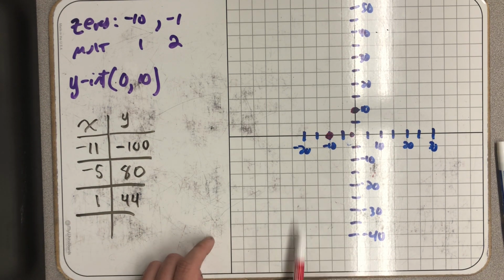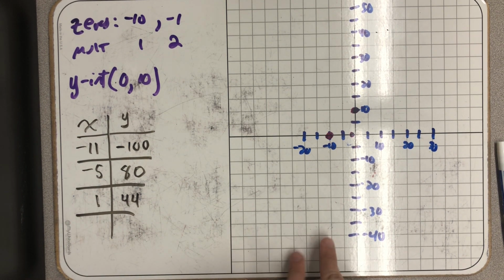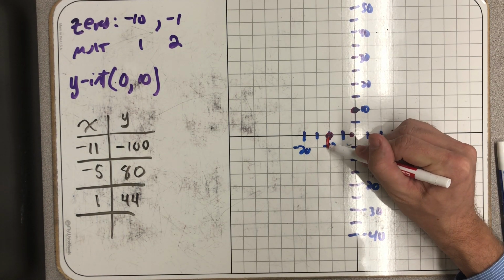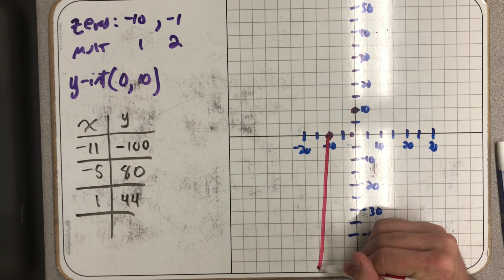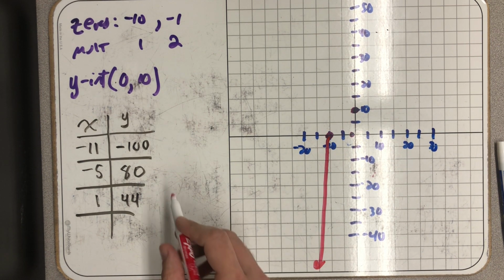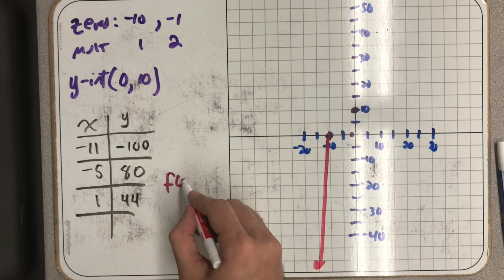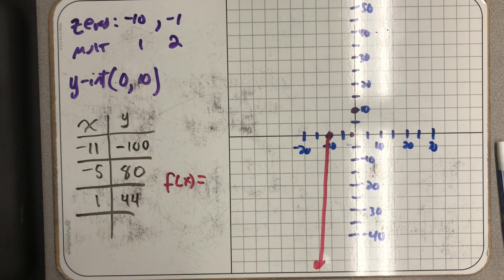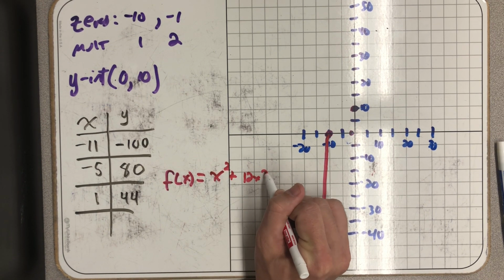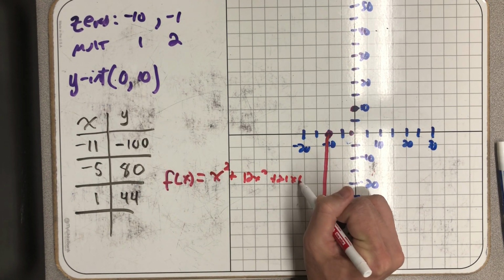So at minus 11, I'm actually way off my board here and off camera, so it's a really low point. And so I know coming to this point that it's a very steep graph, so I'm just going to indicate that, and it would keep going forever. And this is a good point to remember that our function was f of x equals x cubed plus 12x squared plus 21x plus 10.